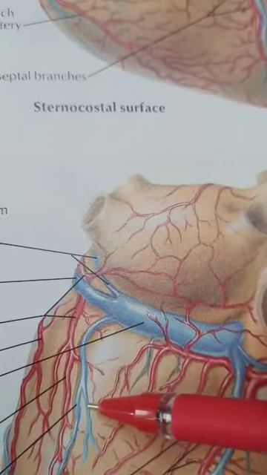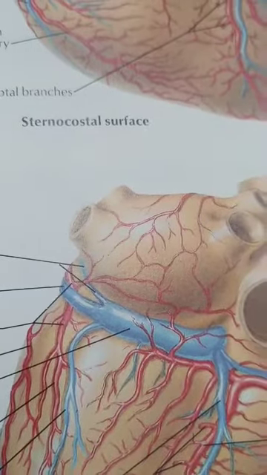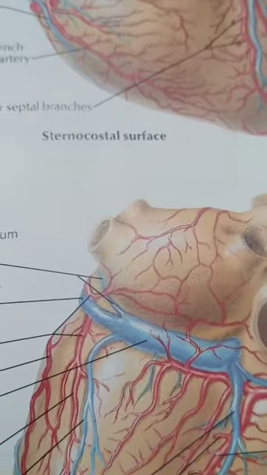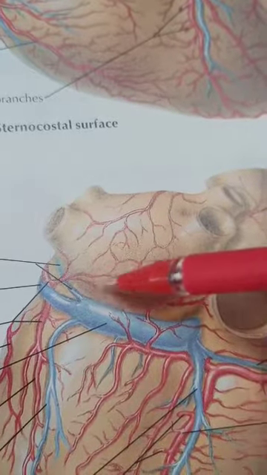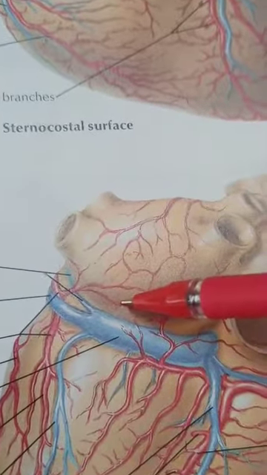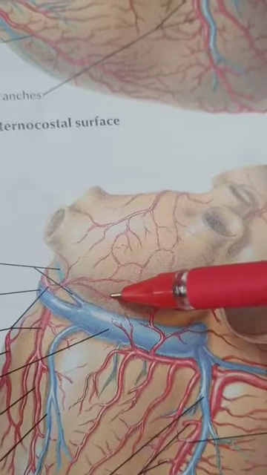Then it gives atrial branches, which are anterior, posterior and lateral groups, which supply the left atrium. This is our left atrium.